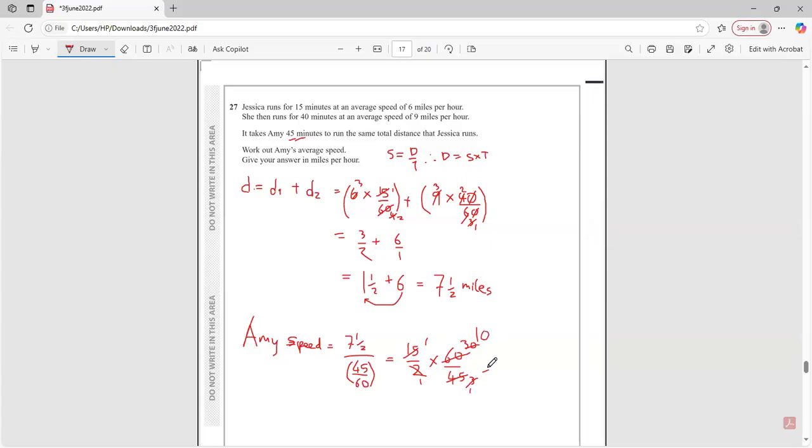That leaves me with the last man standing, which is 10. And the answer should be 10 miles per hour. Okay. So, did you get that?